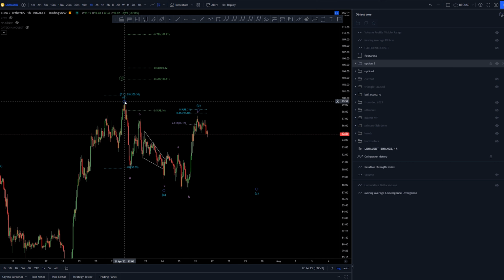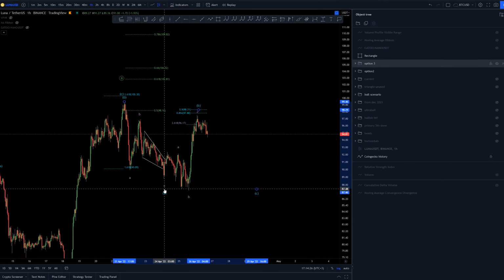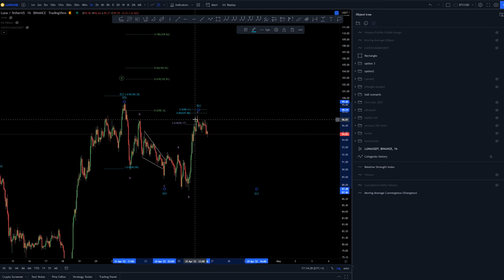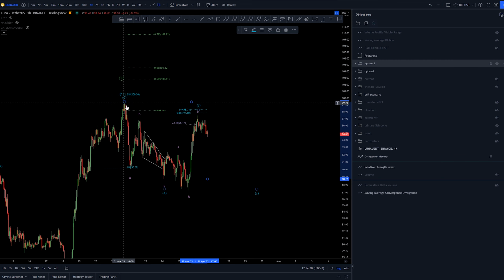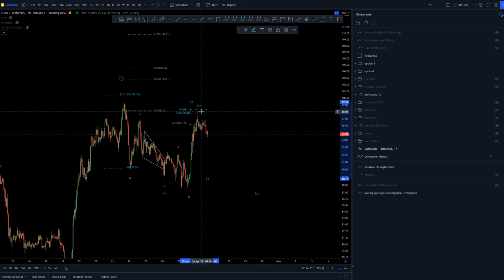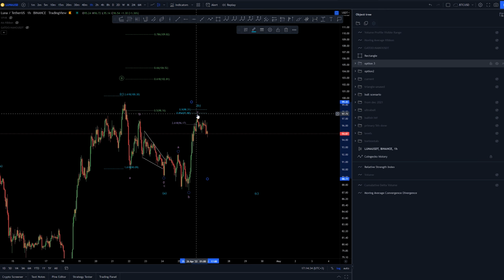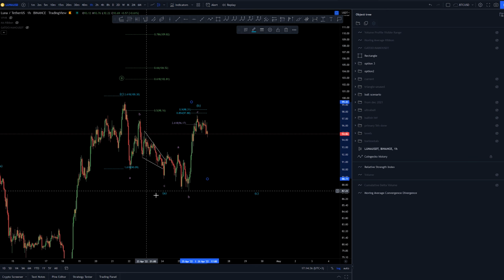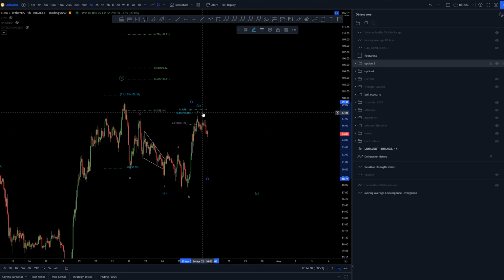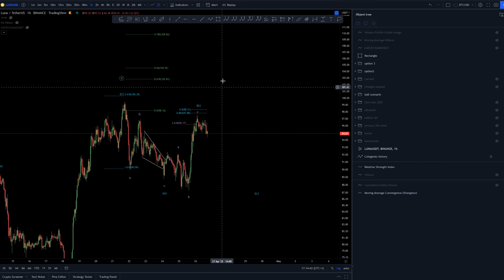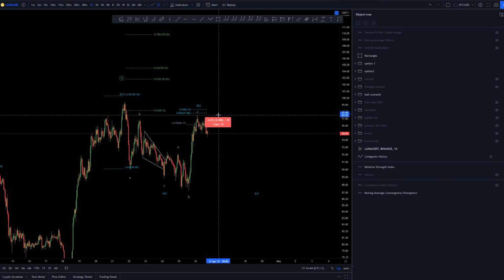Now as the A wave ending here has started around here, we almost get to the place where we would require this structure to go to if we want to make this a flat. So we missed this by 0.25%.